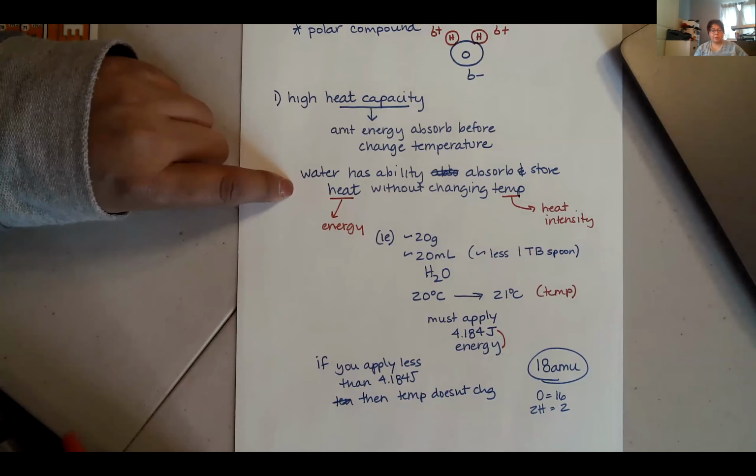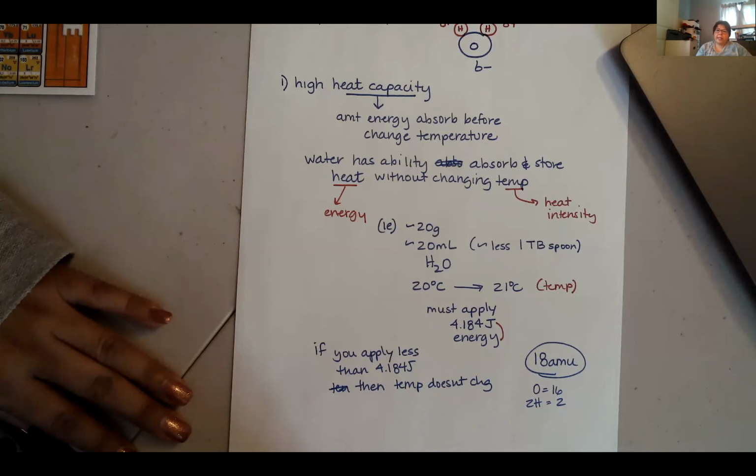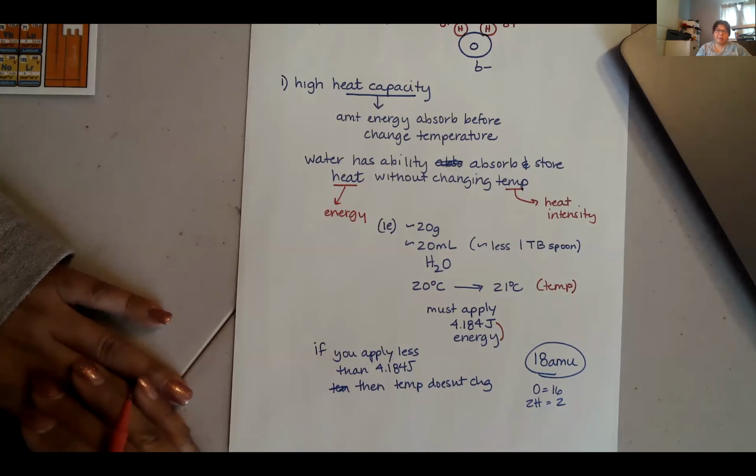That's what we mean by high heat capacity. Now, why is that important to living things? What do you think helps regulate your own body temperature? What compound do you have a lot of circulating inside of you? I'll give you a hint. Water.